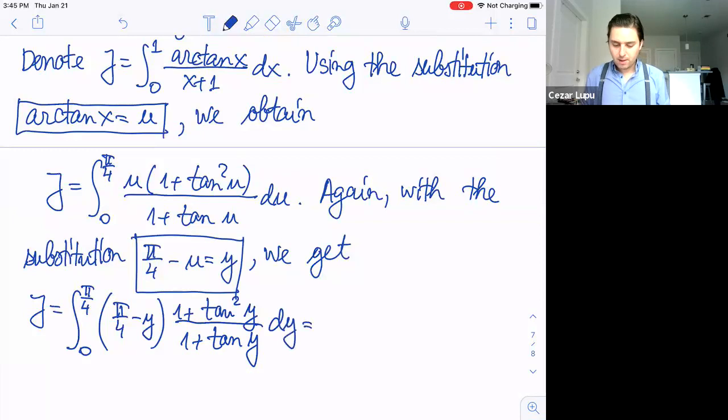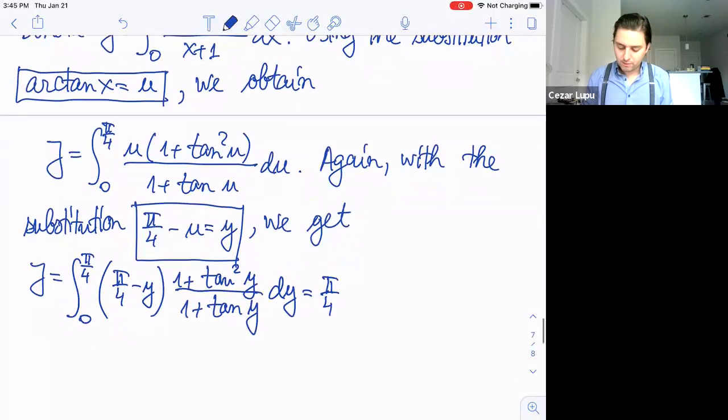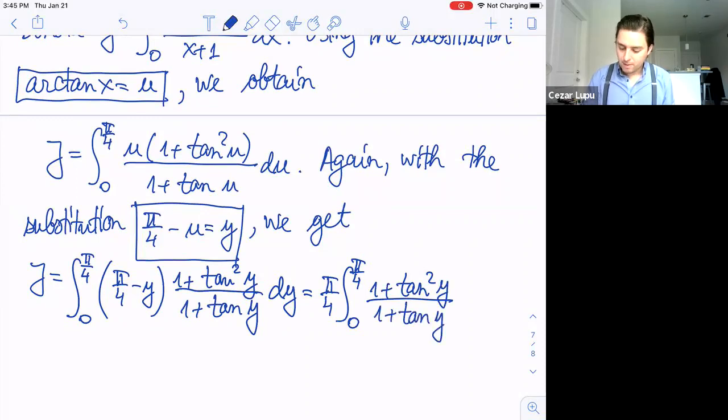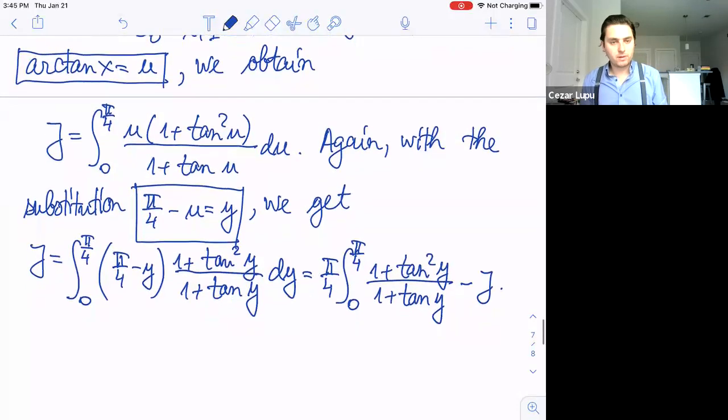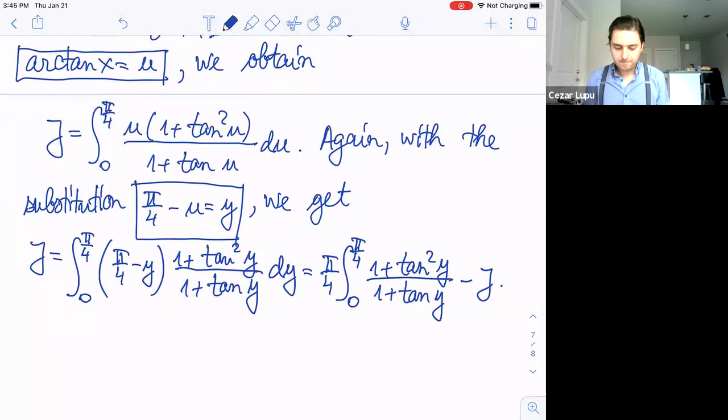Let's do some algebra here. So this is pi over 4 times the integral from 0 to pi over 4 of (1 plus tangent squared of y) over (1 plus tangent of y), minus j. Okay. But now the only thing we're left to deal with is this integral here, right?